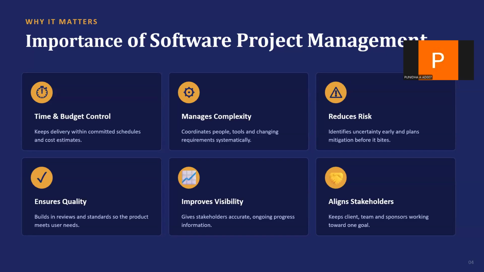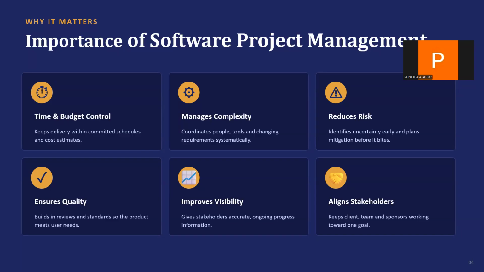Importance of software project management. Why does this matter in the real world? There are six reasons mainly. Time and budget control keeps delivery within committed schedule and cost. It manages complexity, coordinating people, tools, and changing requirements systematically. It reduces risk, identifying uncertainty early so you can mitigate before it hurts you.